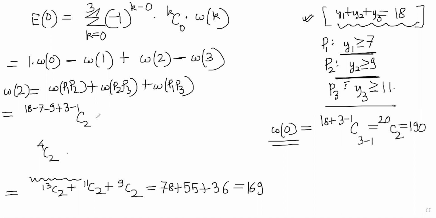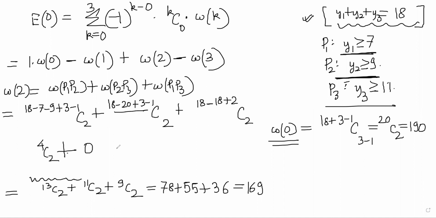4 C2 plus P2, P3: 9 and 11 are already given. So it will be 18 minus 20 plus 3 minus 1 C2, plus the last one will be 18 minus 7 and 11 are given, so 18 minus 18 plus 2 C2. So the first will be 4 C2, which is 6, but the middle part is 0 actually. And the last part is 2 C2, which is 1.